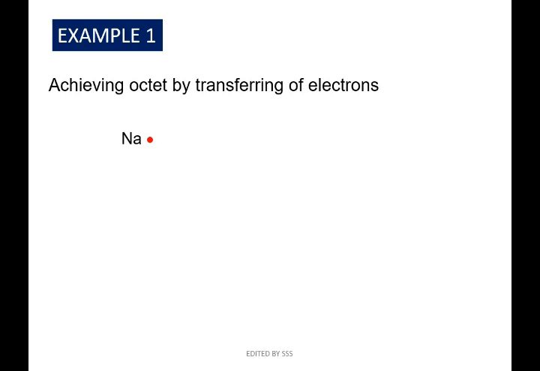Here we have sodium. Its electronic configuration is 1s2, 2s2, 2p6, 3s1. Sodium has 1 valence electron. And we have fluorine. Its electronic configuration is 1s2, 2s2, 2p5.